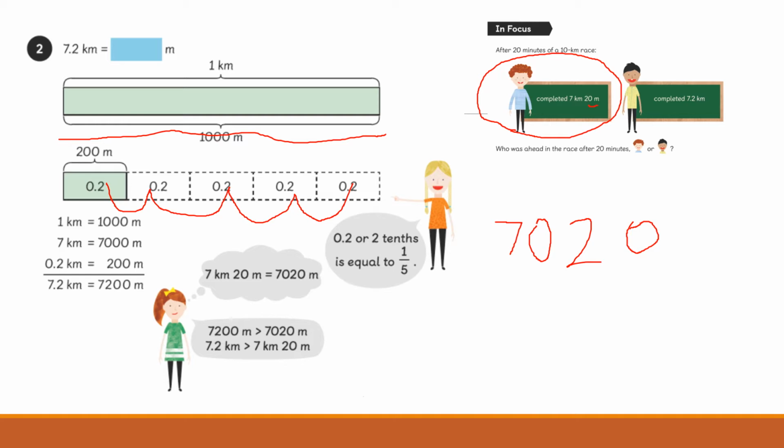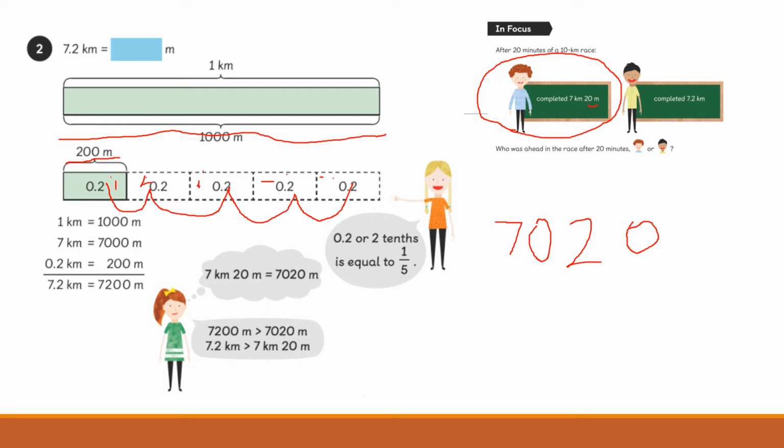Because 1 kilometer split into these 5 sections gives us the 0.2 in each section. So if we divide 1,000 by 5, we get 200 meters. So 1,000 divided by 5 gives us 200 meters.